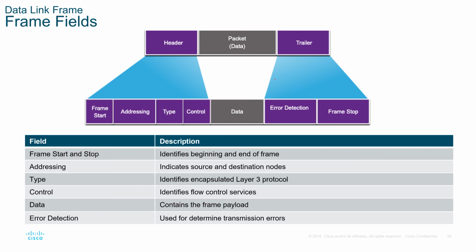The data would encompass not only the data that we are trying to send, but the header information from both layer 4 and layer 3. At the very end, a field used for error detection, and then another frame to say this is the end of this particular frame.